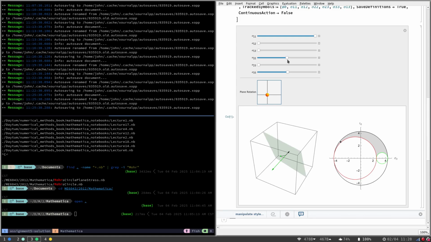But technically the state of stress can never be outside the circle, so it doesn't actually exceed it. It just sits on it, right? So the state of stress is either inside the circle or on the surface, but it can never be outside.